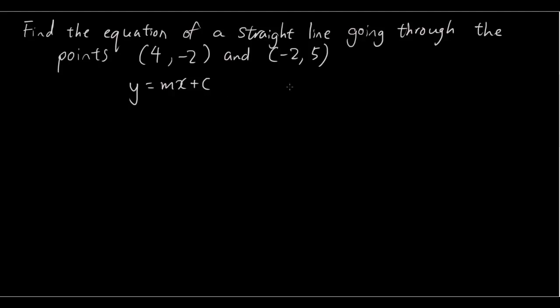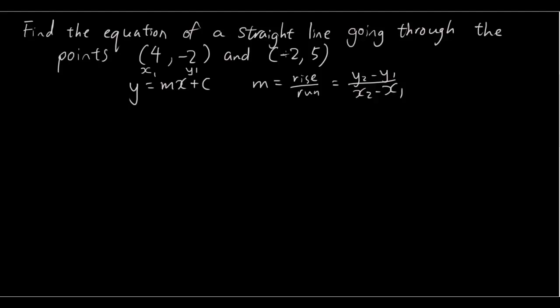and for this question we also have to utilize the other formula that we know, which is gradient is equal to rise over run, which is y2 minus y1 over x2 minus x1. Now the 2 coordinates that we're given, we can substitute the numbers into y2, y1, x2, x1, right? This is our first point, so I'm going to name this x1 and y1.